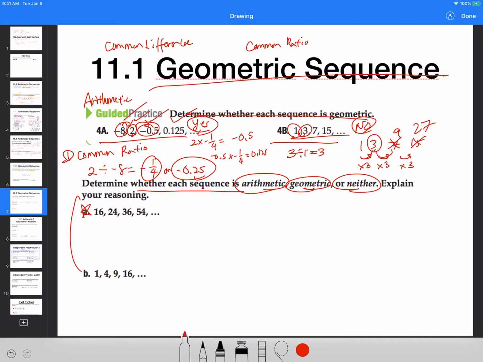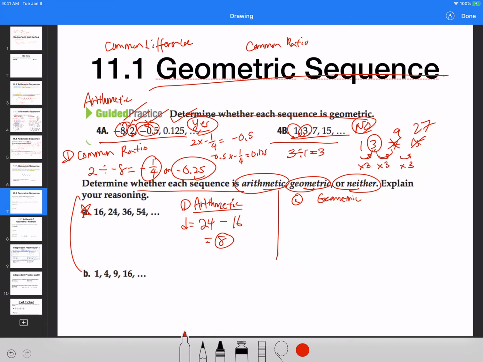So for part A, I can do one of two things. Number one, I could check whether it's arithmetic, or number two, I could check whether it's geometric. First, let's check whether it's arithmetic. The common difference is the second term minus the first term, and it becomes positive 8.